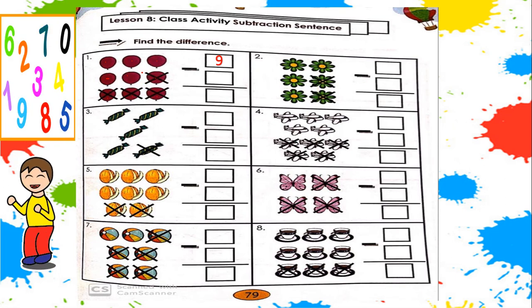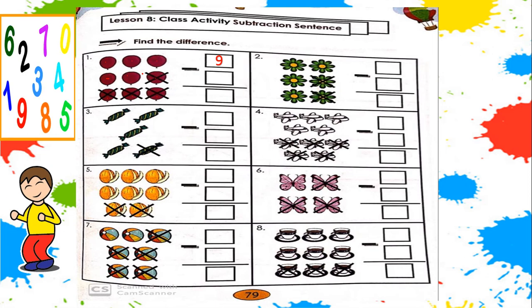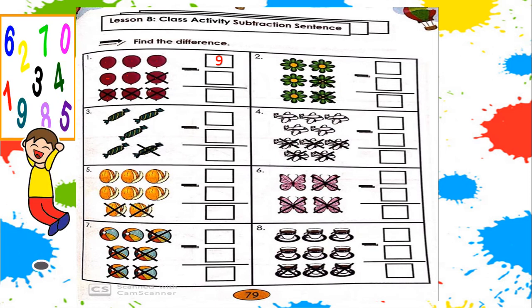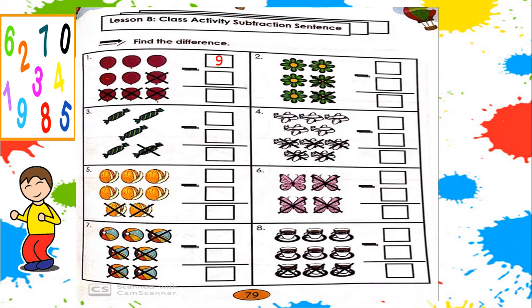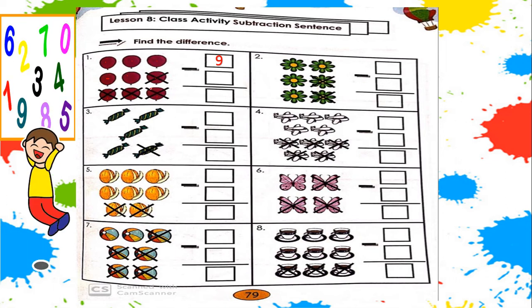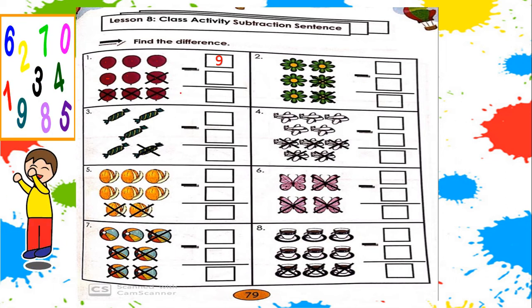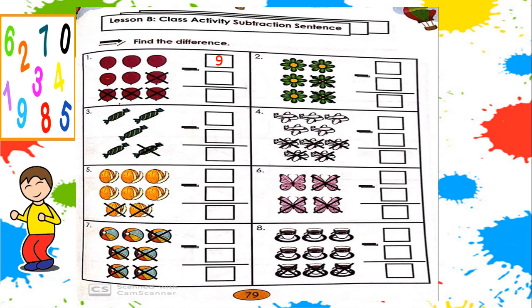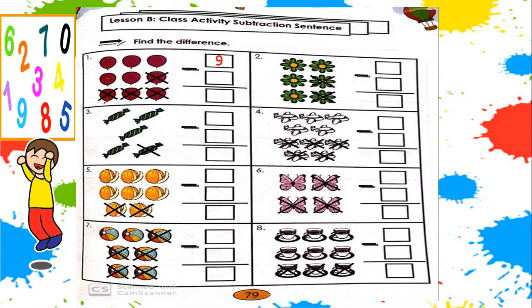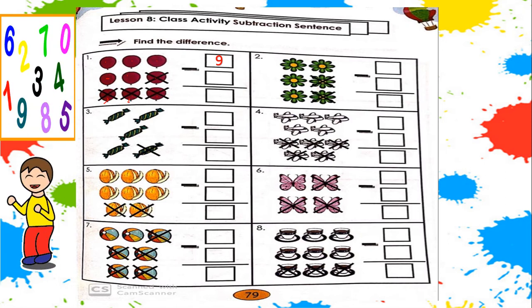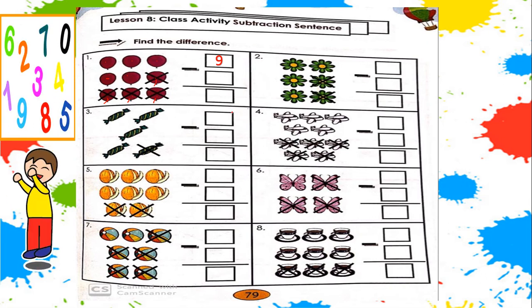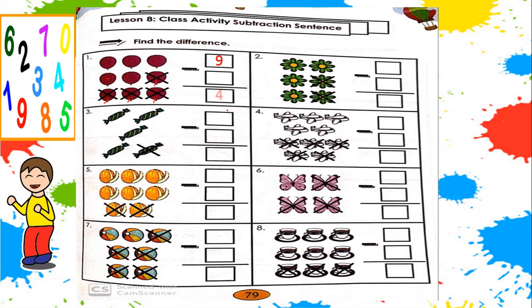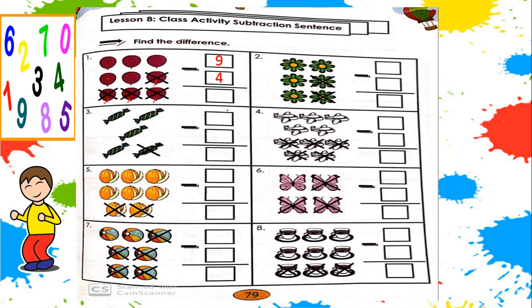So this time, we are going to count the objects that we take away. As you can see, there are X's on the picture. It means that these are the objects that we take away. So let's count how many objects we take away. We have here 1, 2, 3, 4. So we take 4 objects from the group.